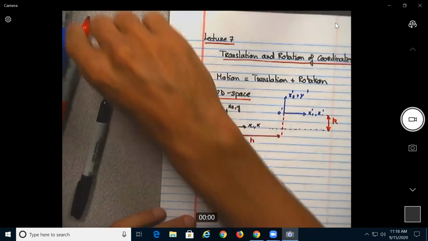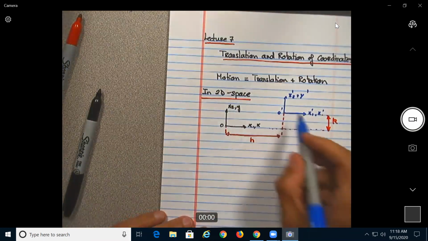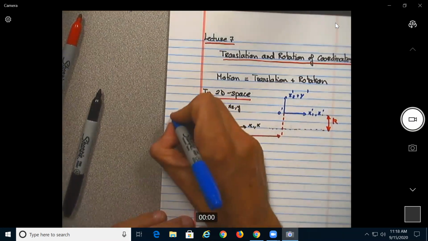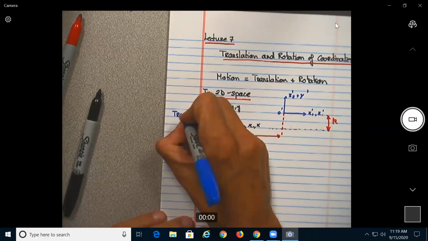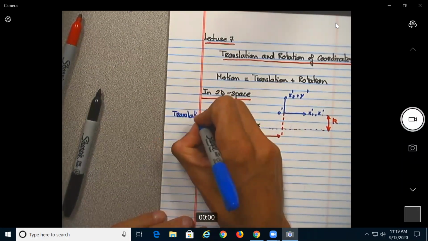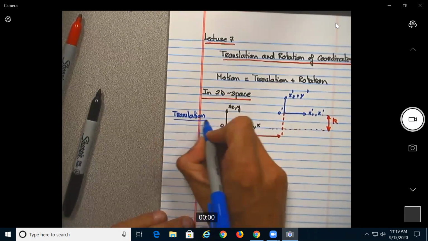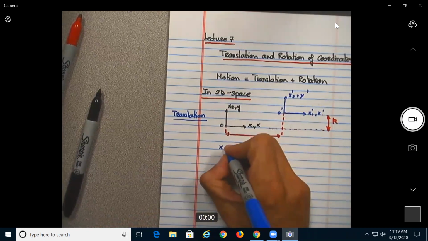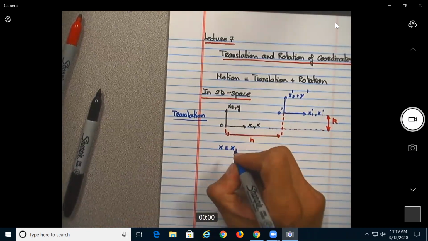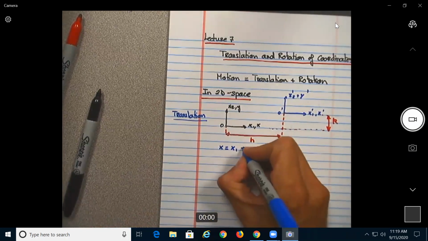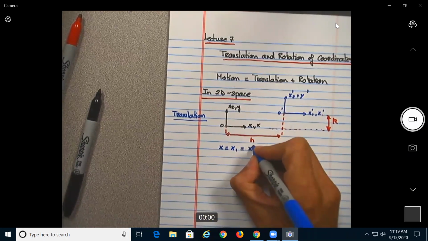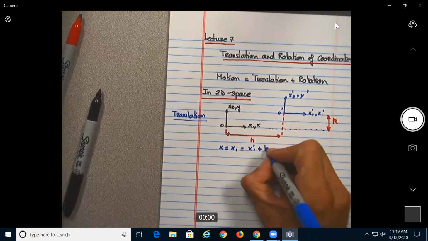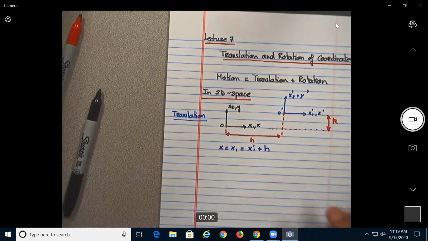So we just look here at the translation. This is only for translation. You can define the translation: x, or x1, will be equal to x prime 1 plus h when it moves horizontally.